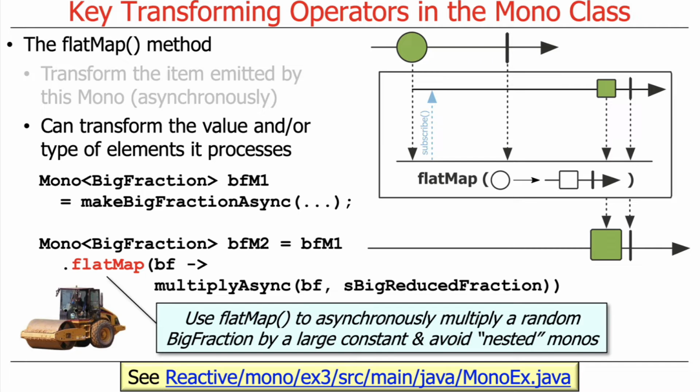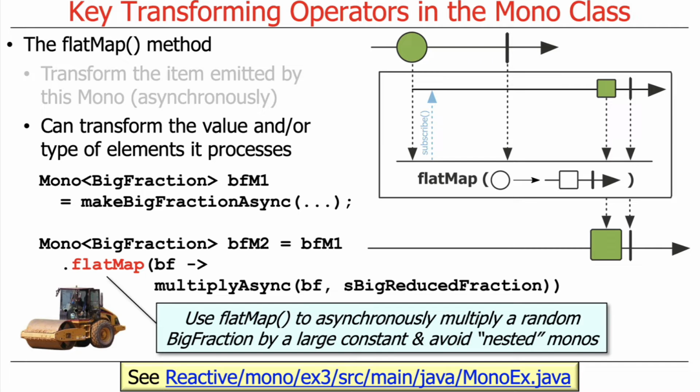So then what's going to happen is we're going to say bfm1, which stands for big fraction mono 1, dot flatMap. And what that says is when the big fraction finishes being created asynchronously, then take the results, which is this bf thing, and multiply it asynchronously by some big constant, the big reduced fraction.